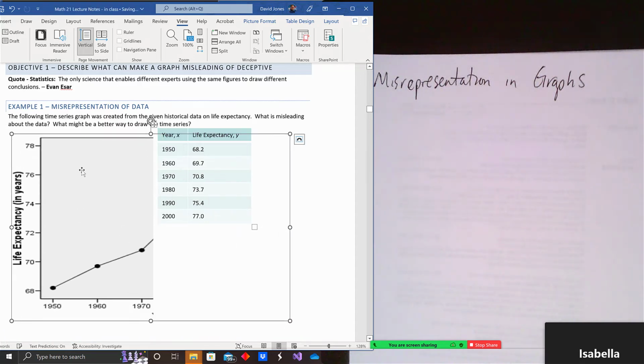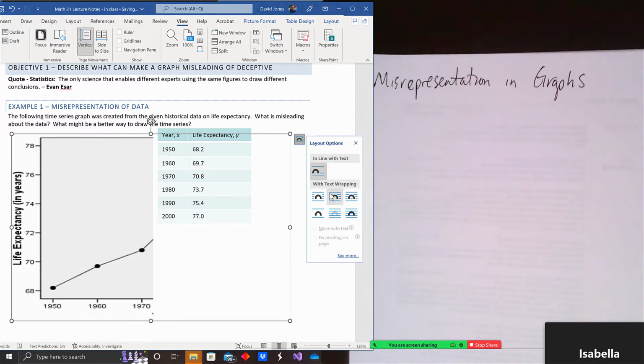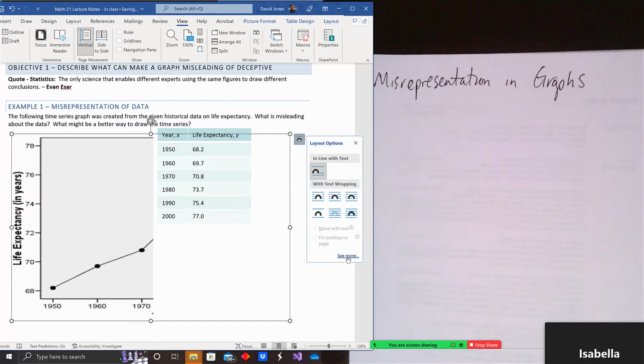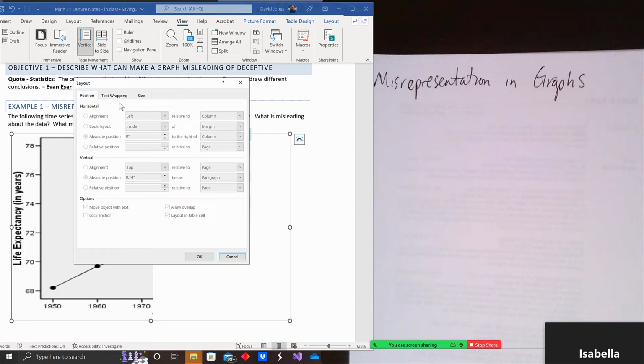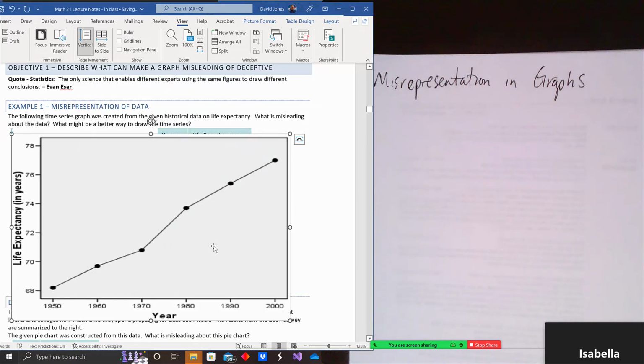Let's see if I can bring it to the front. In front of text. There we go, it puts it in front.